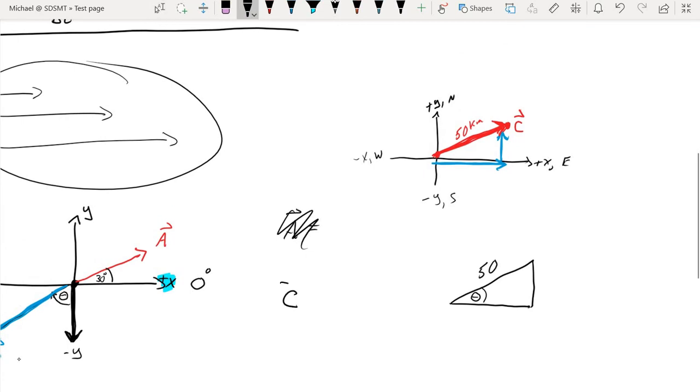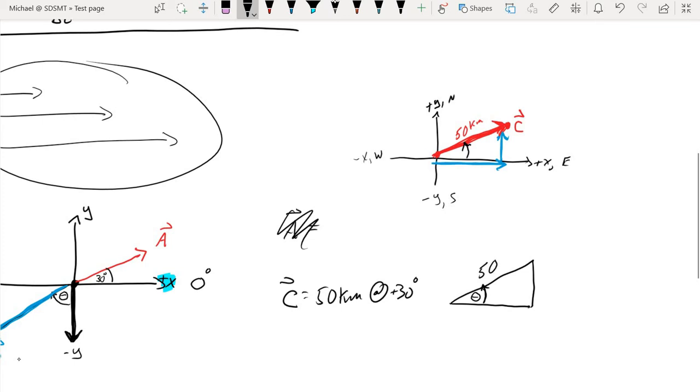So vector C is 50 kilometers long at 30 degrees from, so which way did we measure? We measured from the x-axis in the positive angle direction.